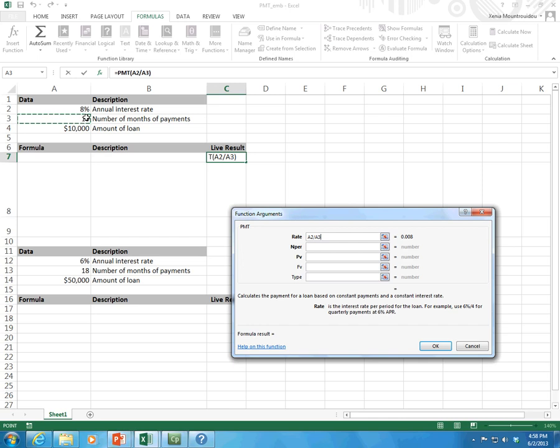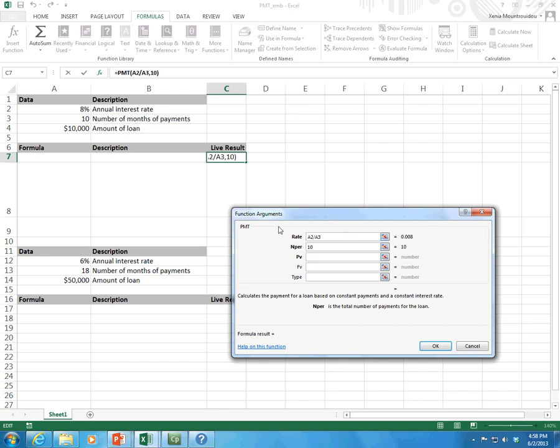So the other thing is, what is the total number of payments that I want to pay off this loan? So in this case, let's assume that you want to pay off your student loan or your house loan in 10 years.